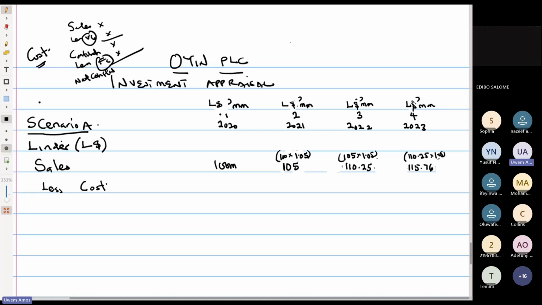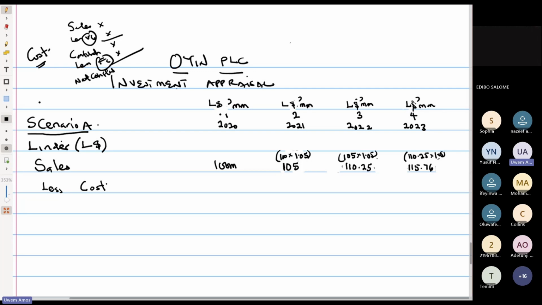If they had broken down the value into variable cost and fixed cost, we would have first subtracted our variable cost to get our contribution, and then subtracted our fixed cost before we get our profit before tax. But we don't have that in this scenario, so we have to skip that and group it together as a single cost item. So just take note of that.